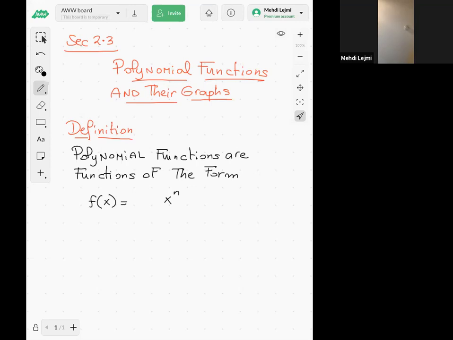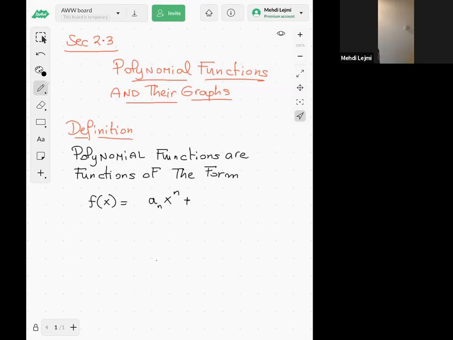Here the power n is a positive whole number, and in front of x to the power n there is some number, which we call a subscript n.